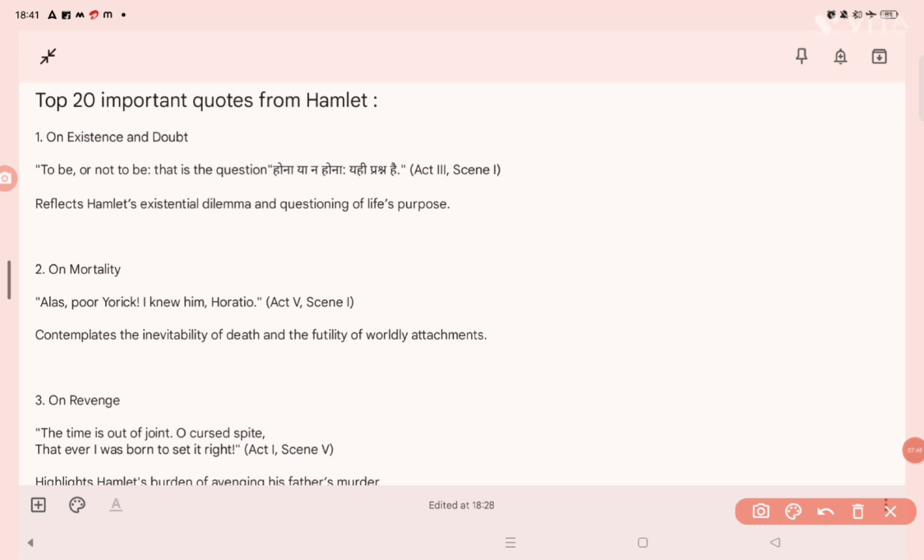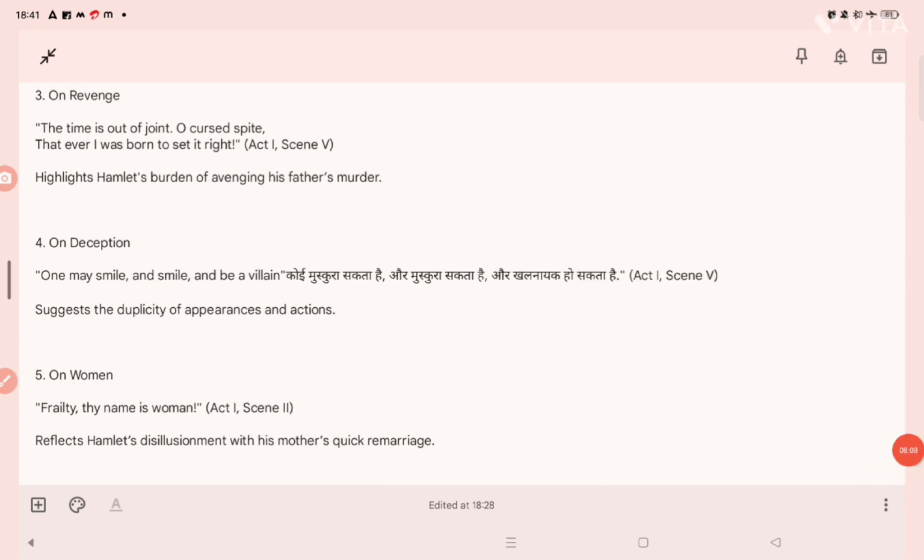Important quotes from Hamlet. "To be or not to be, that is the question." "Alas, poor Yorick, I knew him, Horatio." "The time is out of joint. O cursed spite, that ever I was born to set it right."